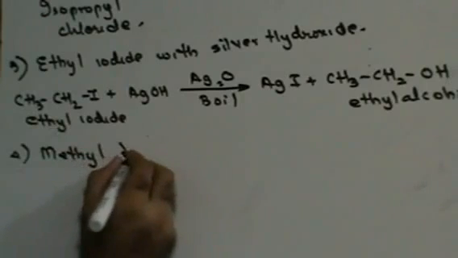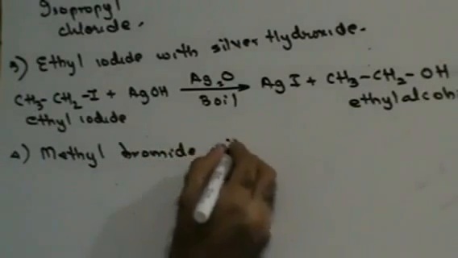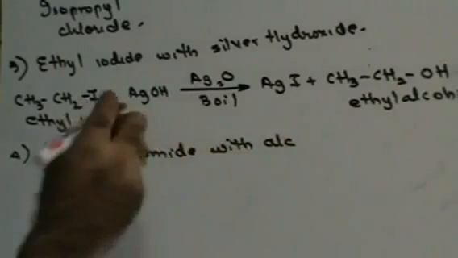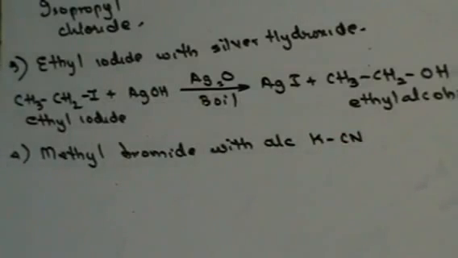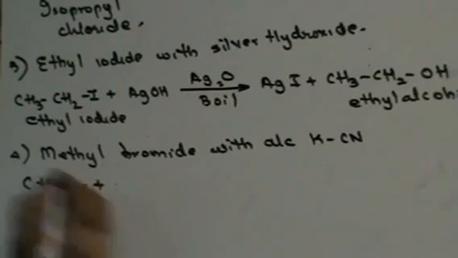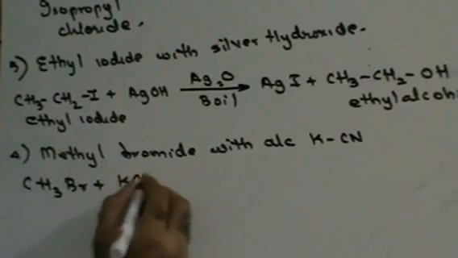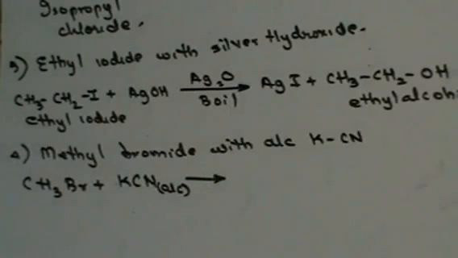Methyl bromide with alcoholic potassium cyanide, KCN. Right? Now methyl bromide, one carbon atom, this is methyl bromide, reacts with alcoholic potassium cyanide. Right?